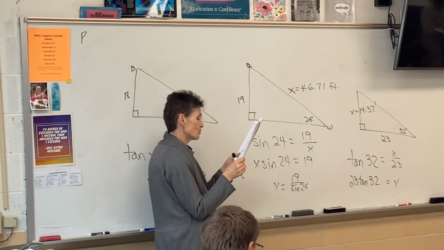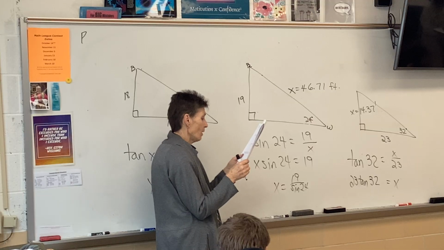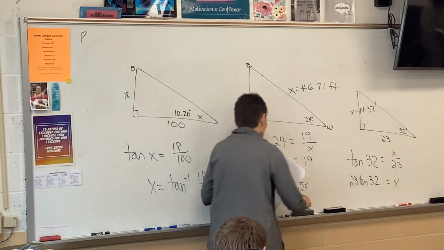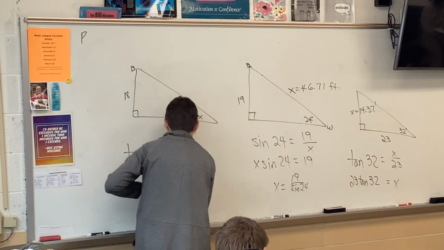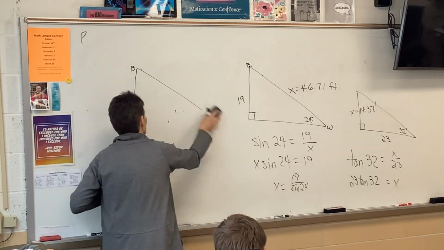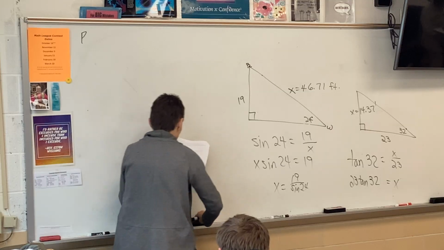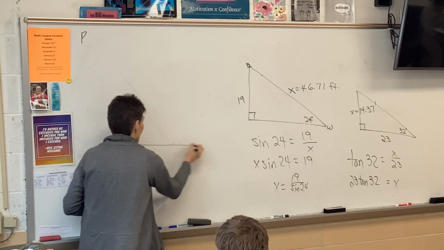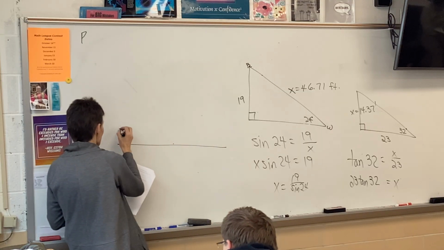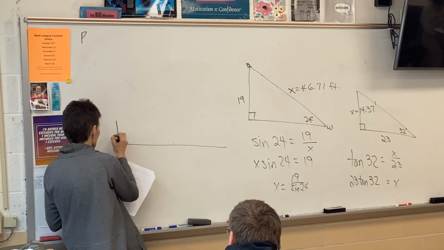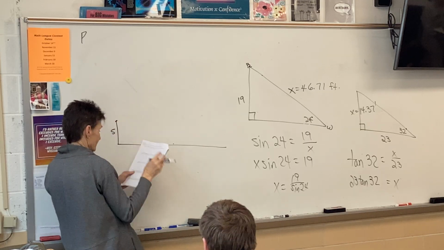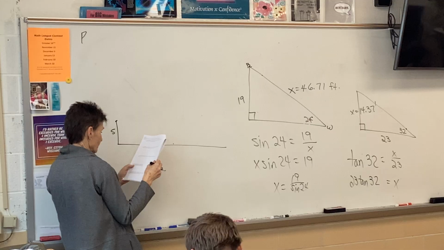Kirsten places her surveyor's telescope on the top of a tripod 5 feet above the ground. All right, so here's the ground. Here's the tripod, 5 feet. Here's the telescope.